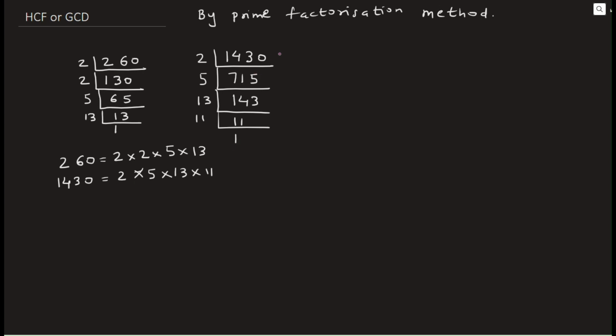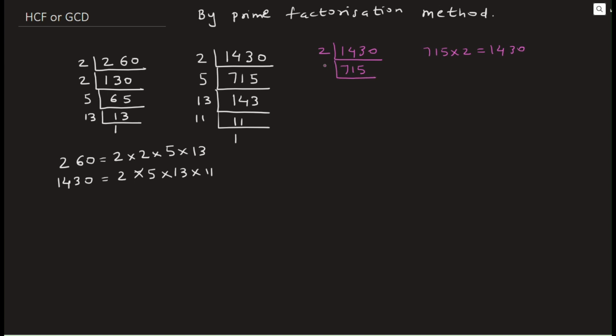We multiply them. And 1430, the least prime number that divides it is 2, and 715 times 2 equals 1430. So I write 715 here.